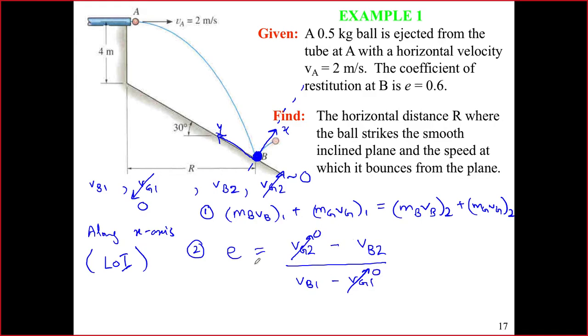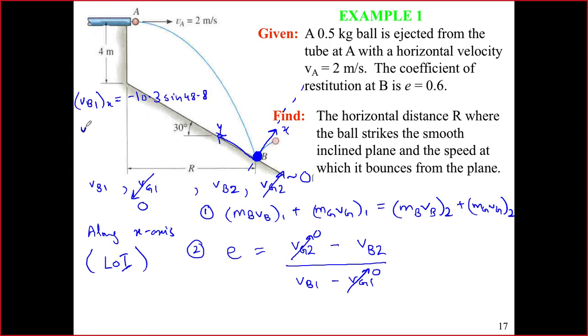And all I am left with is just the coefficient of restitution with the velocity of the ball afterwards and the velocity of the ball before. What were the velocities of the ball? VB1 along the x direction was minus 10.3 sine of 48.8, I did ask you guys to remind me.